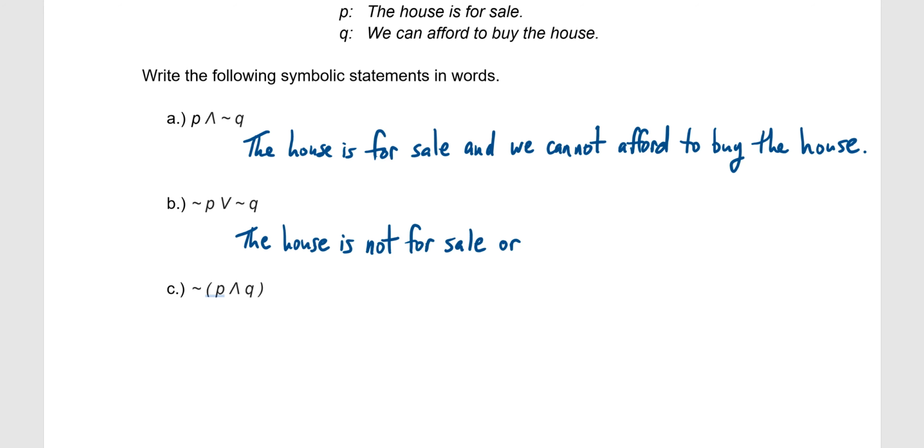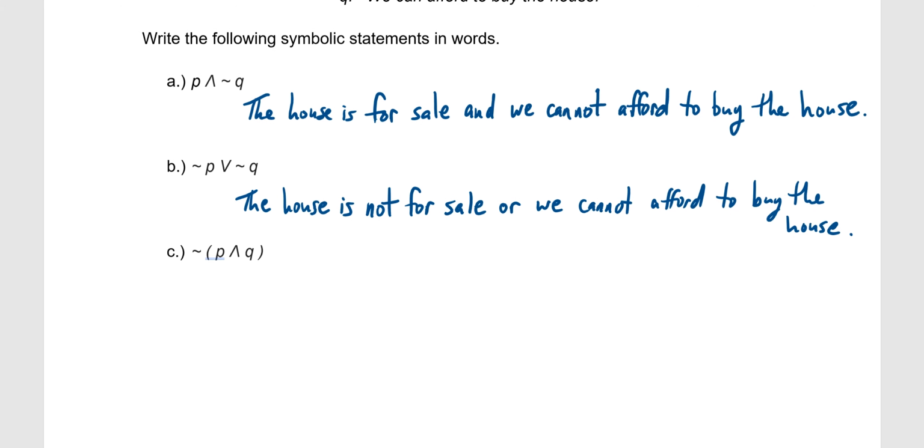And then we have the negation of Q, which we just did: we cannot afford to buy the house. Instead of saying house twice, we could let our natural English take over and refer to the house as it, but you'll never be wrong if you just say it again.